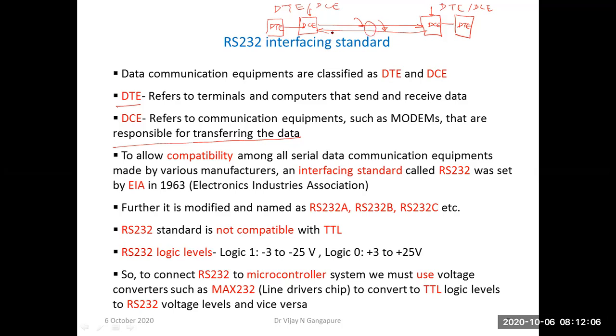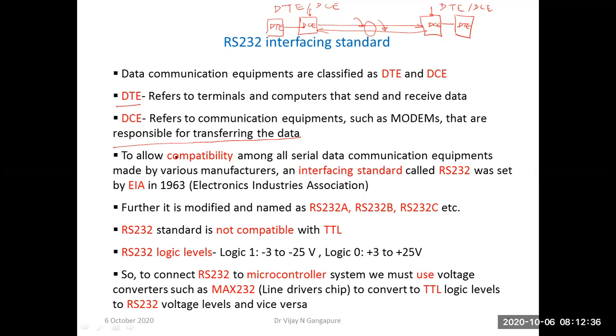That is the job of data communication equipment. These DCEs receive data from DTE, and supply received data to the respective DTEs. So that is the concept of DTE and DCE.